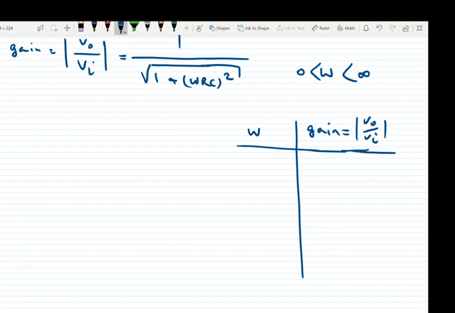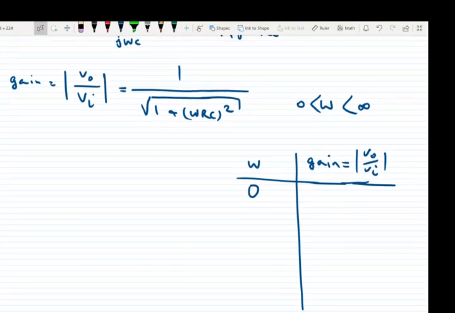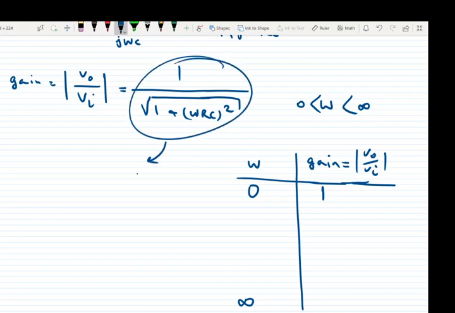What about omega 0? If omega is 0, here is 0, 1 over 1 is 1, so gain is 1. What if omega is infinity? If omega is infinity, this term will be 1 over infinity, which is equal to 0. So if omega is infinity, gain is 0.